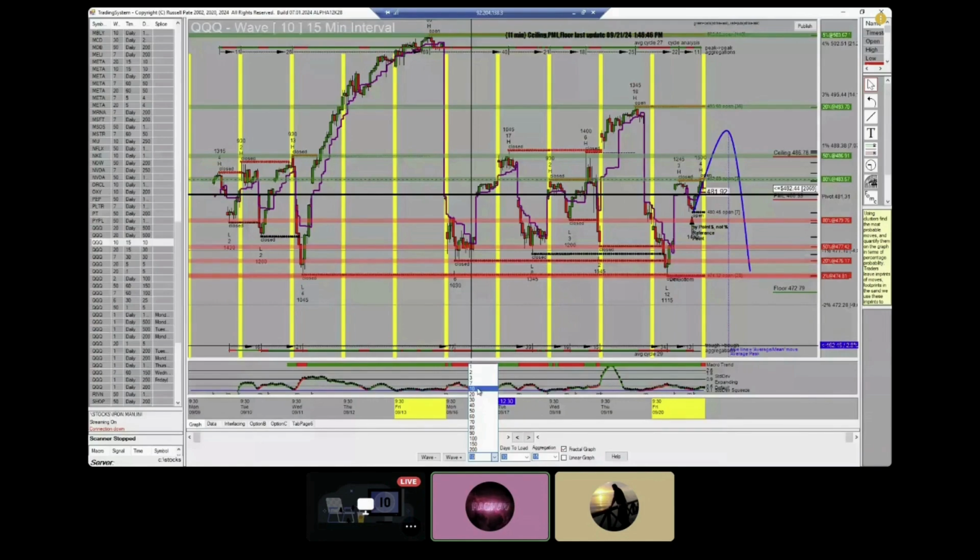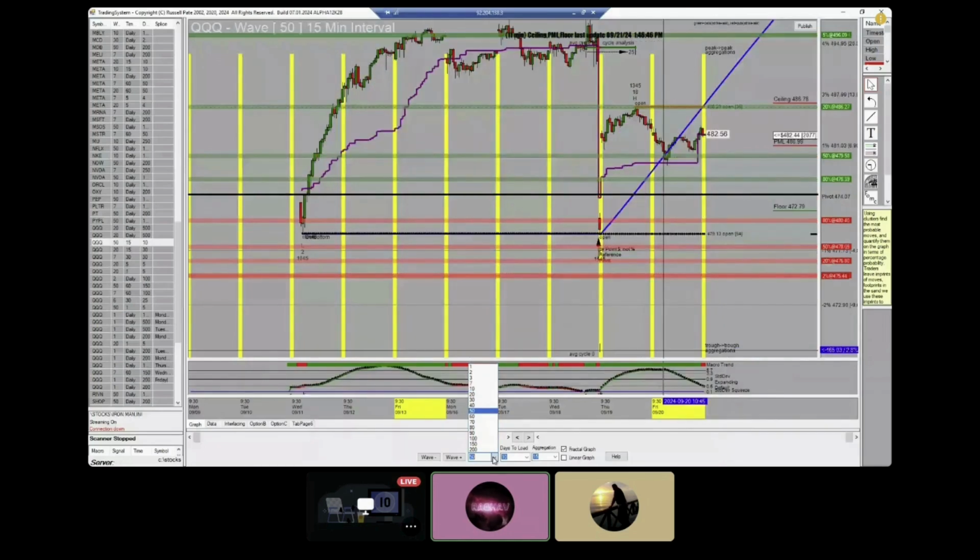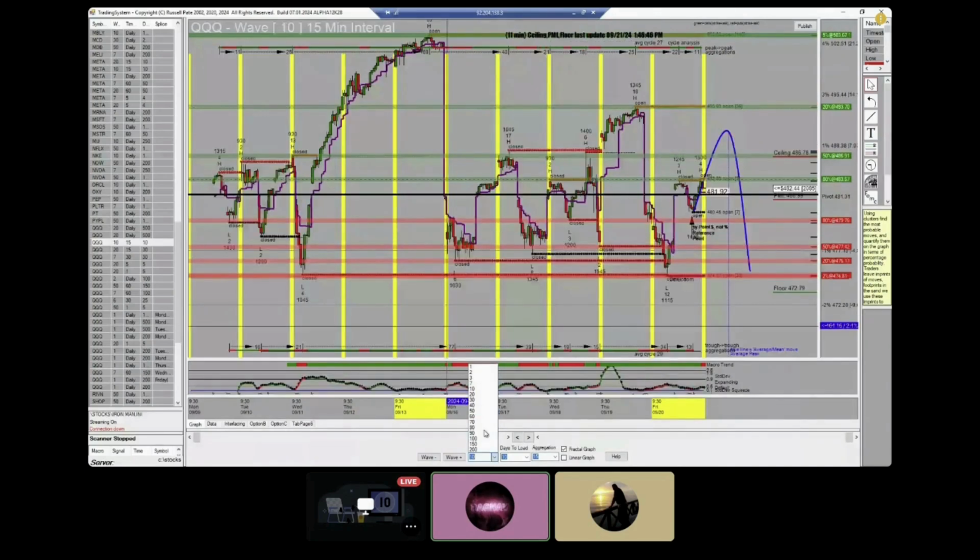In the past 10 days on wave 10, we saw roughly 20 transitions. With wave 50, we are seeing 1 to 2 transitions. You can see the difference.